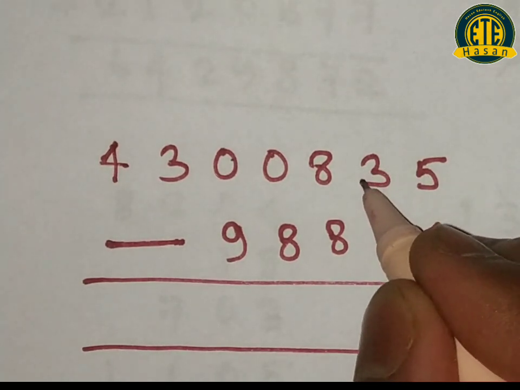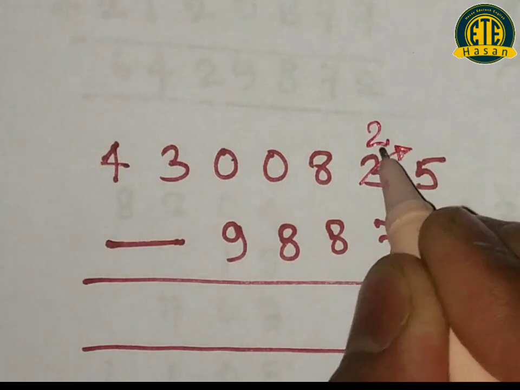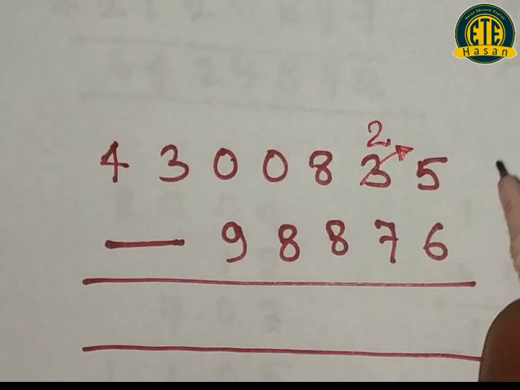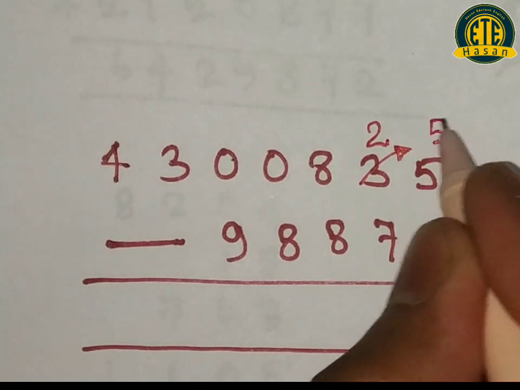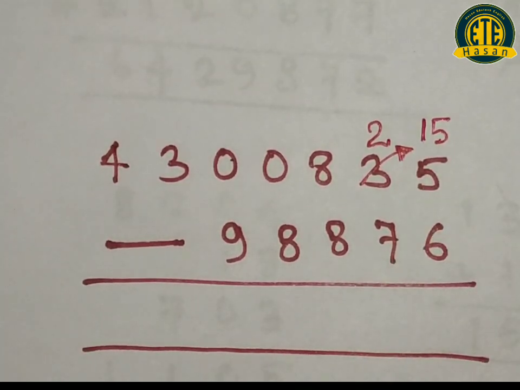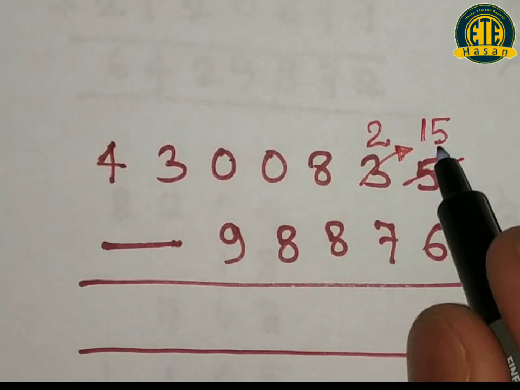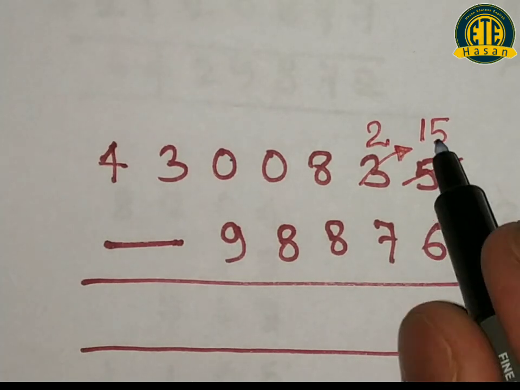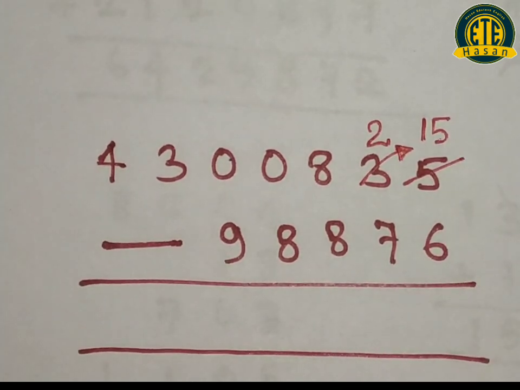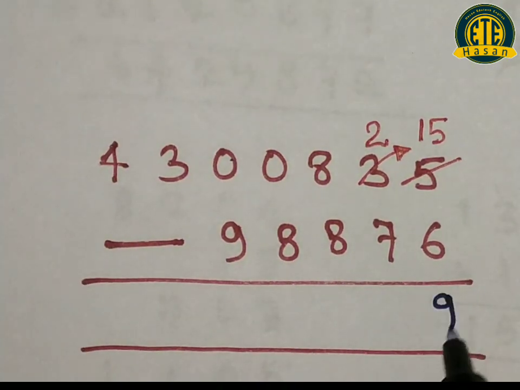If I take 1 borrow from 3, 3 will become 2 and 5 will become 15. Just put 1 before 5. Now I can subtract 15 minus 6. 6 is smaller than 15, so no problem. 15 minus 6 will be 9.